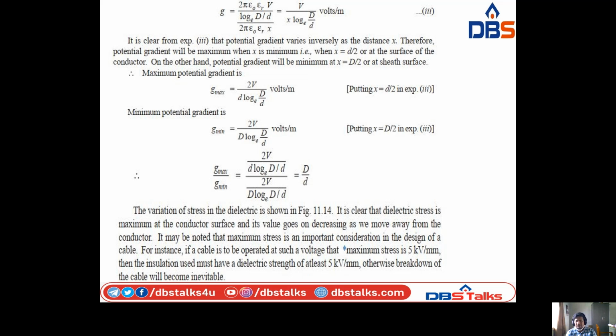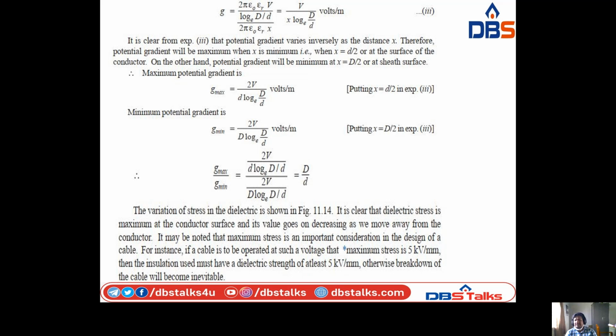You can clearly notice that equation 3 gives the potential gradient of a single core cable. Observe the potential gradient equation. The potential gradient varies inversely with the distance x. Therefore, the potential gradient will be maximum when x is minimum, when x is equal to small d by 2, the surface of the conductor.